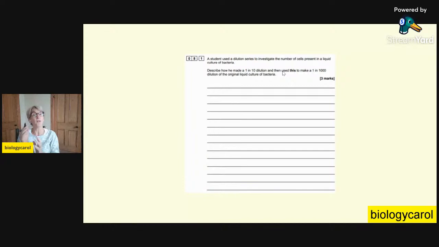So if you want 1 in 10, you have got to take 1 part of the original culture and dilute it with 9 parts of, well, either water or just the nutrient broth. Doesn't matter which. You're basically diluting it 1 into a total of 10.